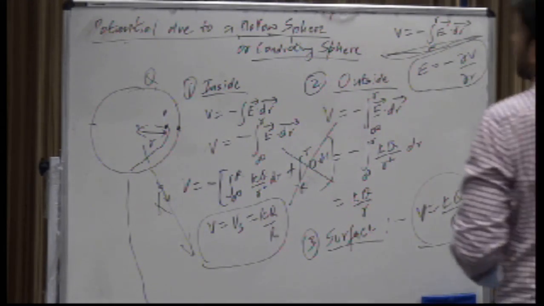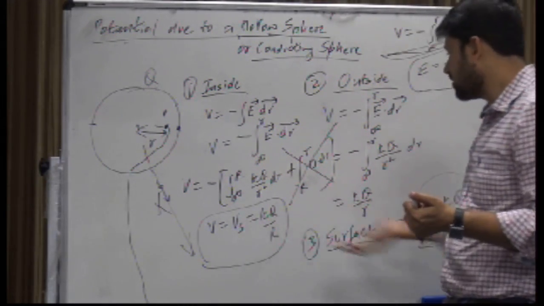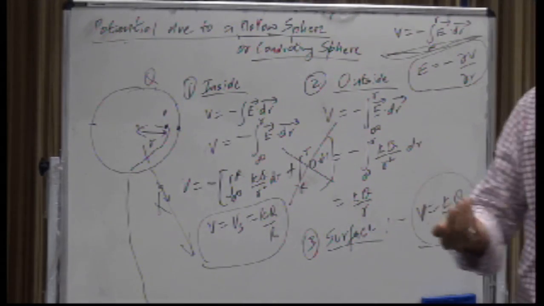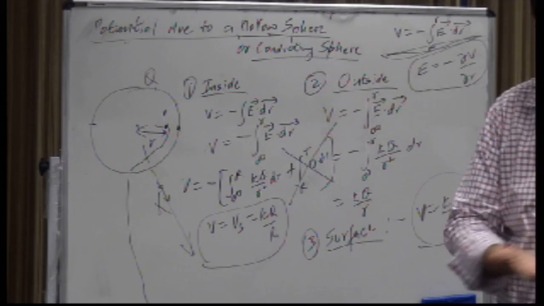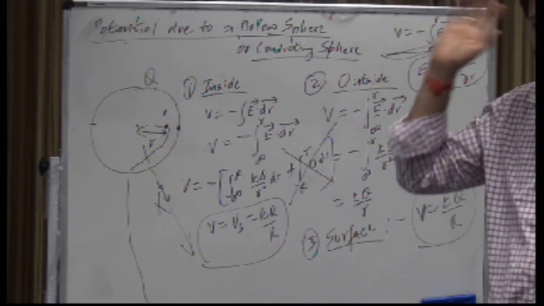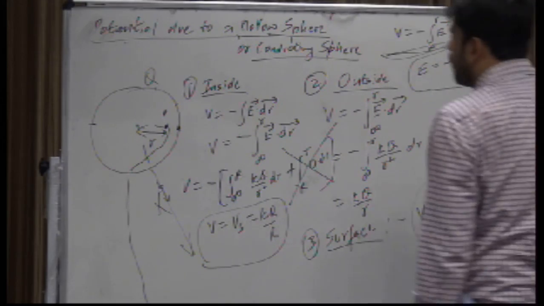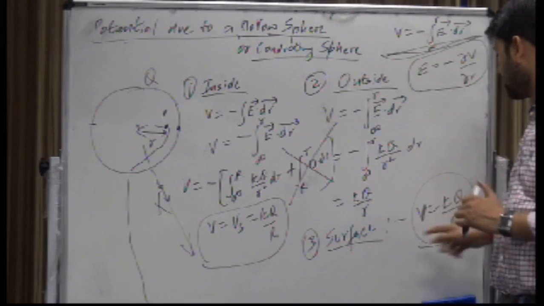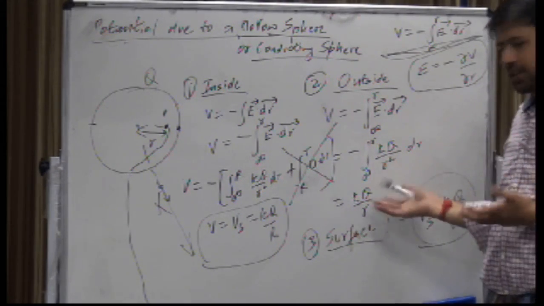And inside it is constant, so it would have the same value as the surface value, right? Getting my point? As you move inside, the value remains constant, so it would hold the same value which it held last, जो थी surface value, right? So potential inside is the surface value and potential outside is KQ by R, right?